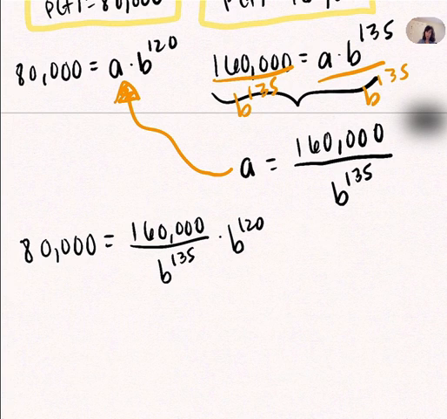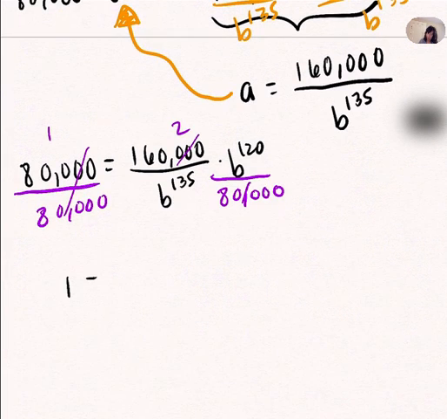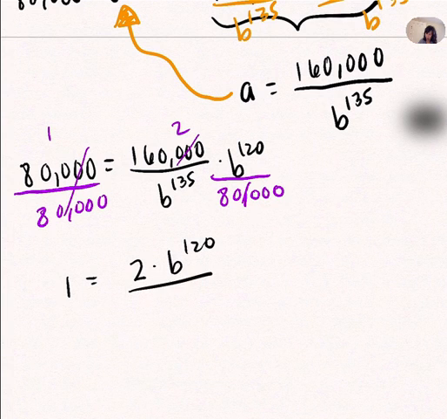So if I divide both sides by 80,000, on the left we just get 1, and on the right we cancel and get a 2. So this will simplify into 1 equals 2 times b to the 120 over b to the 135.